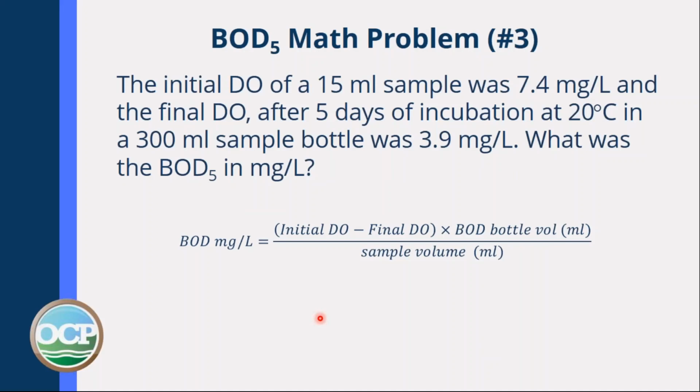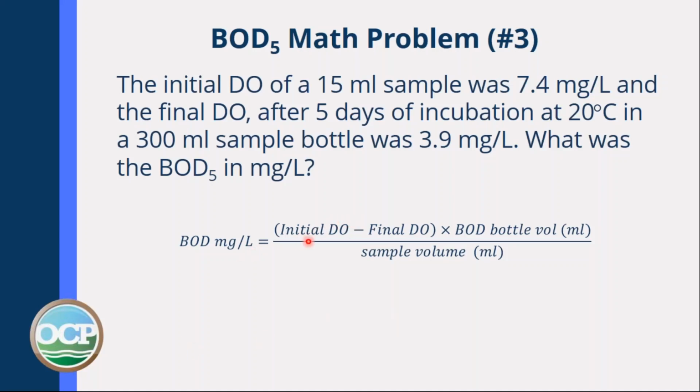So the math problem: if we have a 15 ml sample, and initially it was 7.4 milligrams per liter of dissolved oxygen, we incubate that for 5 days. The volume of the sample bottle was 300 mils, and the final DO was 3.9. We can use those numbers to calculate the BOD.